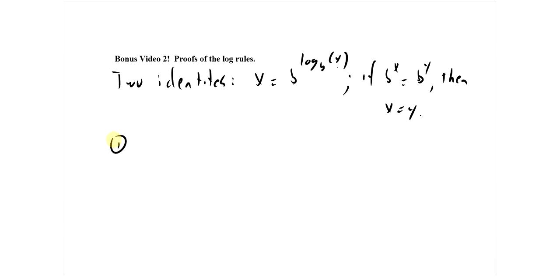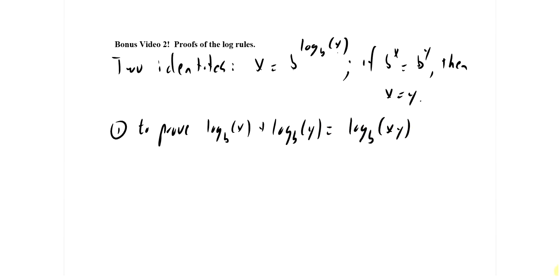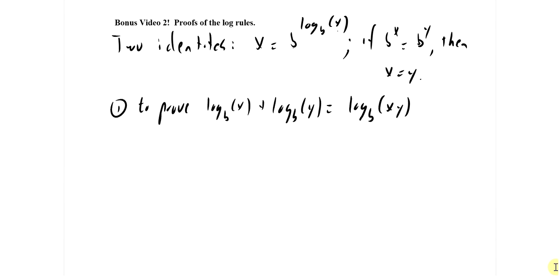Okay, so to prove log base b of x plus log base b of y equals log base b of x times y, how do we go about proving that? Well, we'll call this identity 1 here, and this is 2.